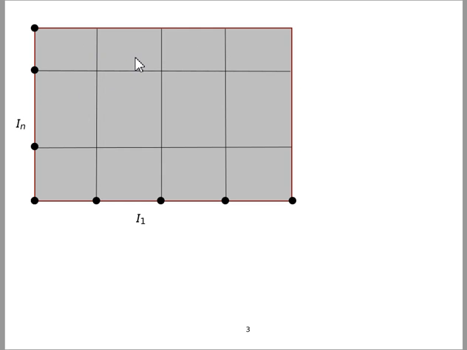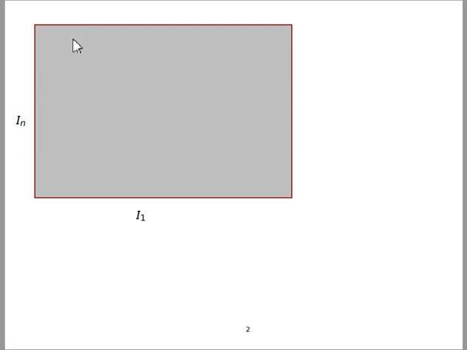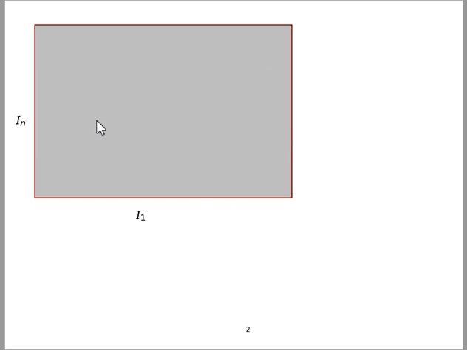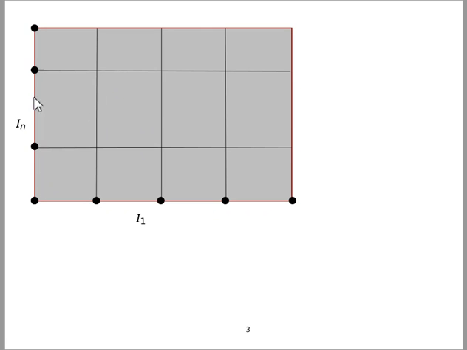Here we have a rectangle, and in I1 we use these 5 points to divide I1 into 4 intervals. Consider the two-dimensional case, that is n is 2. Then in I2 we use these 4 points to divide I2 into 3 intervals.